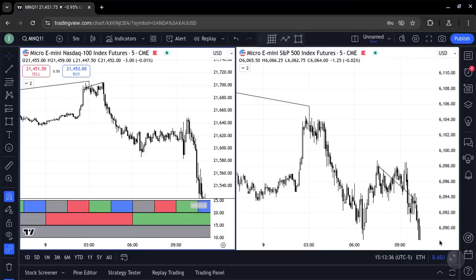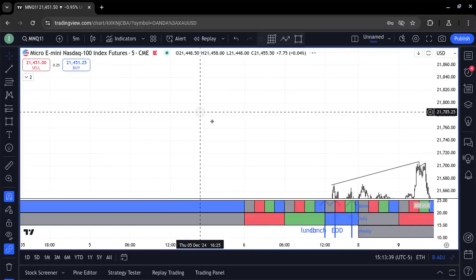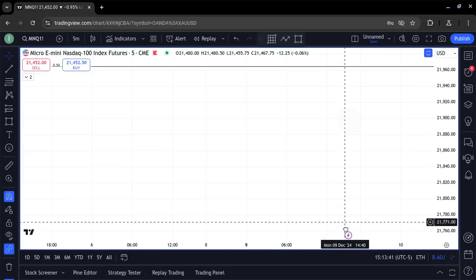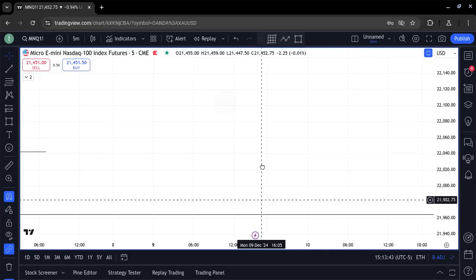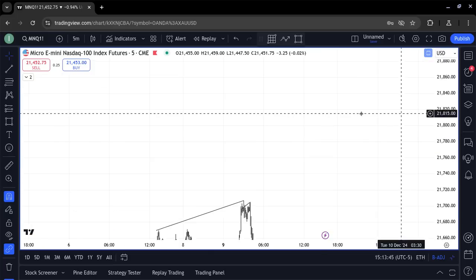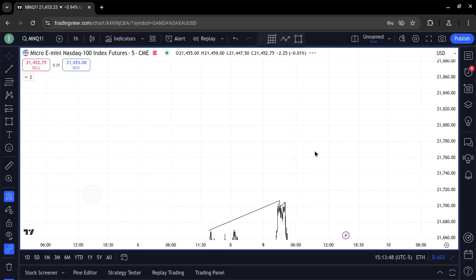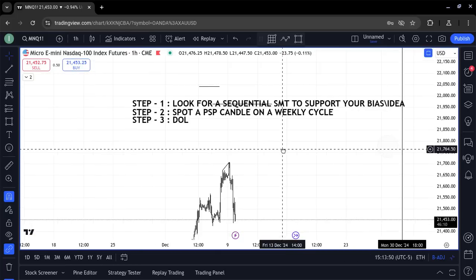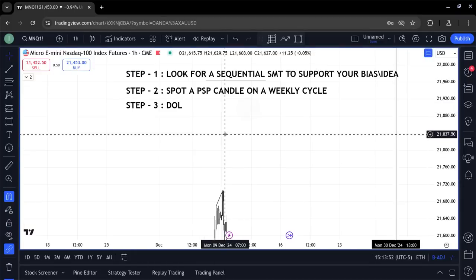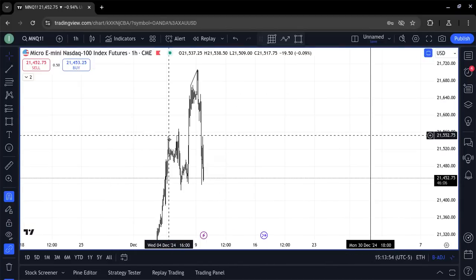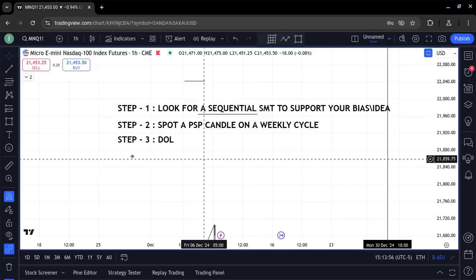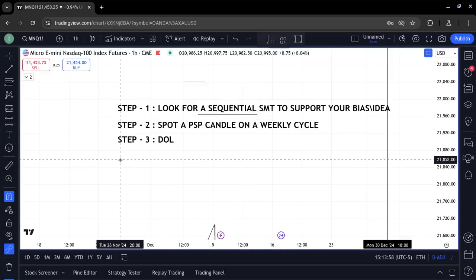Let me just take you back. Where was I? Yeah. Your drawn liquidity is the lower one, the lower low of the candle.